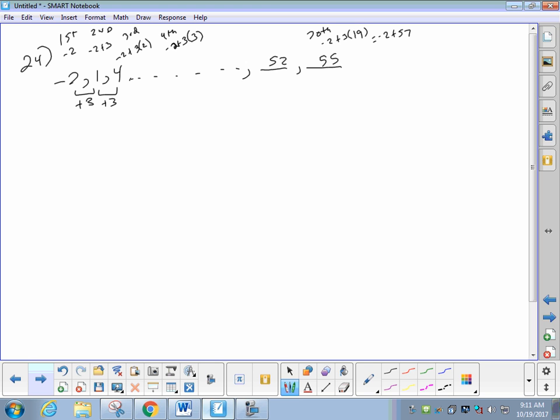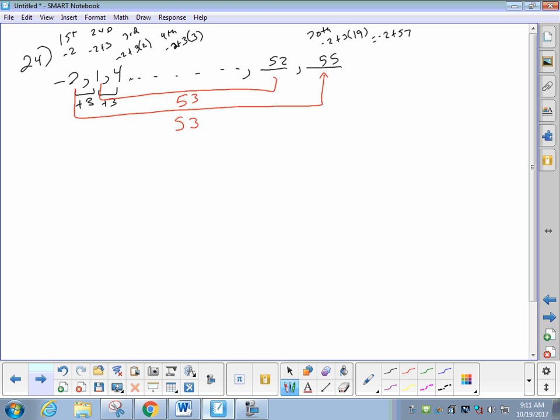After that, it is a bit of a conceptual thing. Rather than add left to right, we actually add at the extremes. 55 plus -2 adds to 53. In this case, I went up by 3, but on this end I went down by 3, so the sum is still going to stay the same, 53.